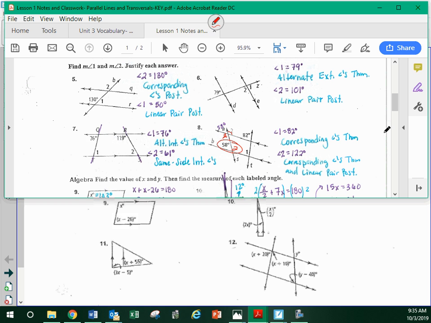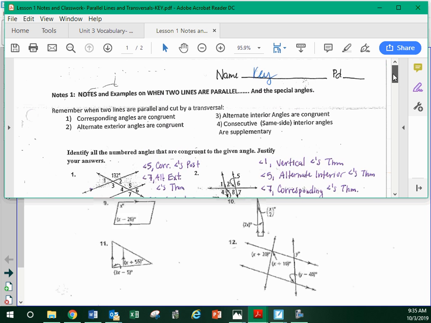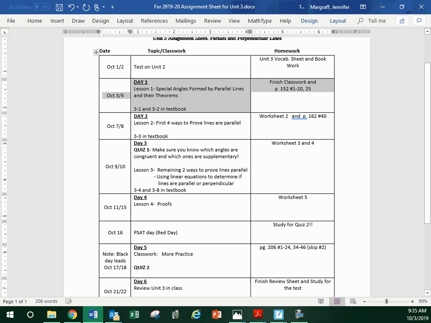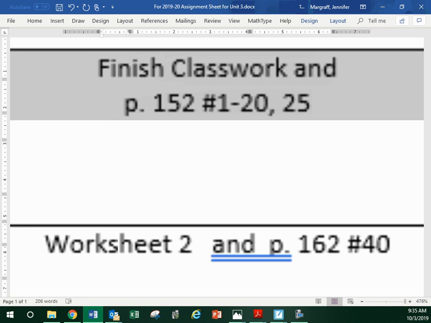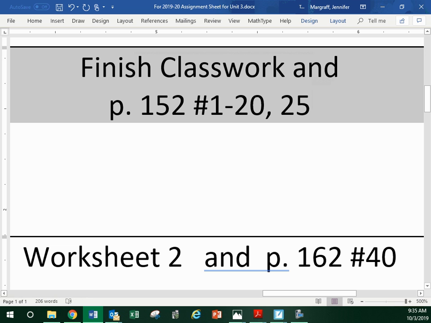All right, do we have questions with 5, 6, 7, or 8? Okay. So your homework is to finish this classwork, and at the top of it, I want you to write: finish this and our textbook numbers, which are page 152, numbers 1 through 20, and 25.